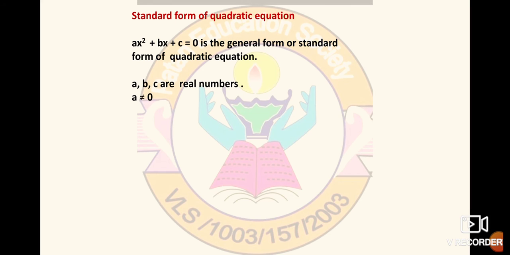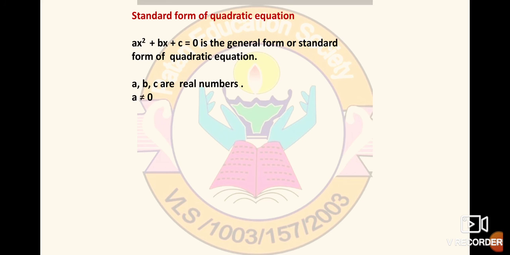Sometimes they may ask you why the value of a should not be equal to 0. At that time you should say that if we take a equal to 0, then the square term gets totally wiped off from the standard form. Then what will remain?